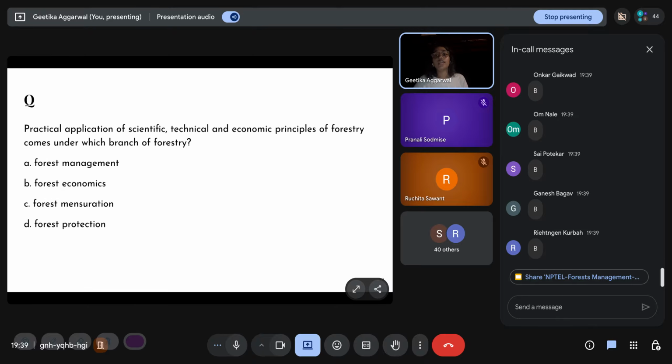Nice. Next question is practical application of scientific, technical, economic principles of forestry comes under which branch? Is it management, economics, mensuration, or protection? Very nice. So the correct answer is forest management. Forest management is the practical application of scientific, technical, and economic principles.